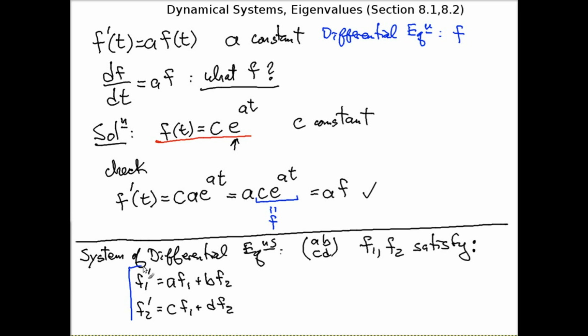So this is what we're going to be talking about quite a lot. This is a particular kind of 2x2 dynamical system.